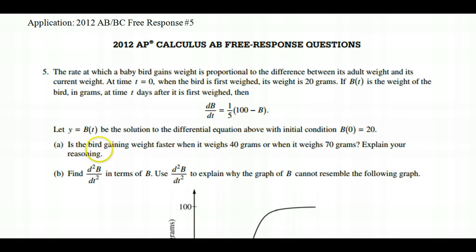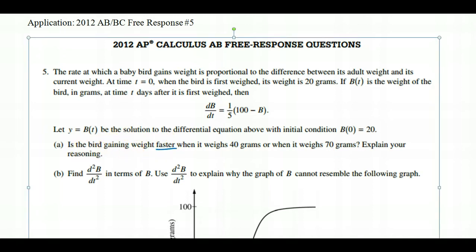Now, part A. Is the bird gaining weight faster when it weighs 40 grams or when it weighs 70 grams? So they're not asking you about when the bird weighed 40 grams or when it weighed 70 grams. They're asking you, is the bird gaining weight faster?